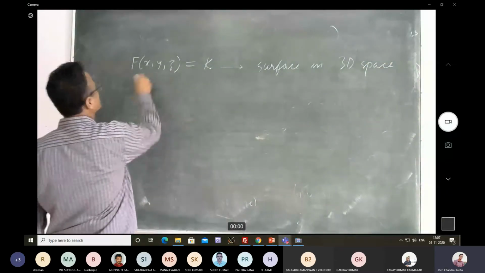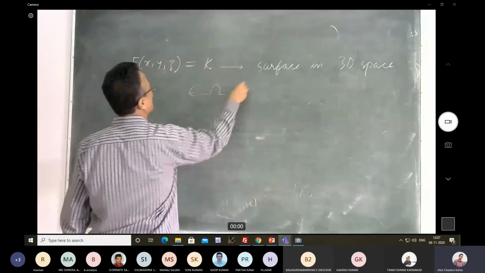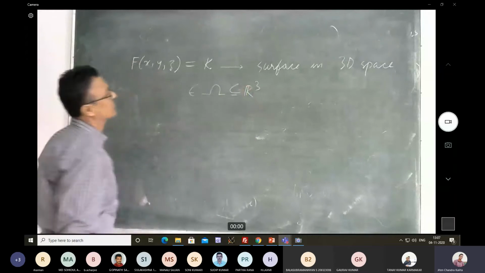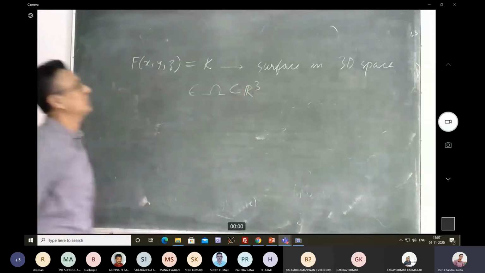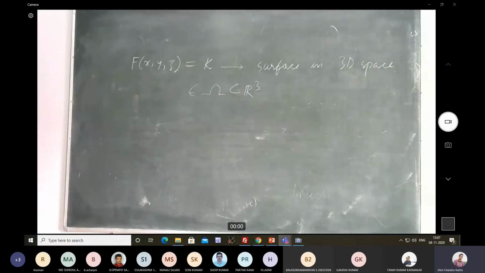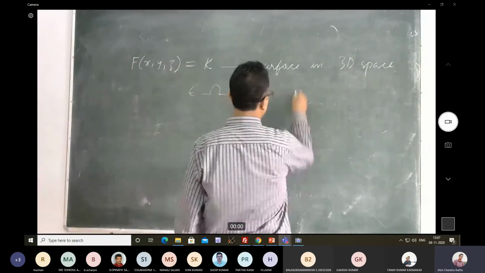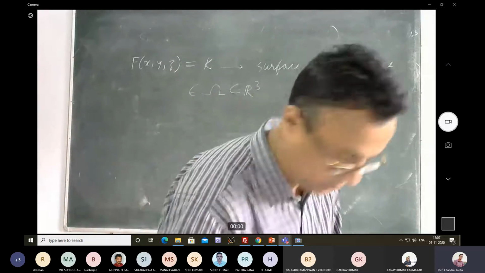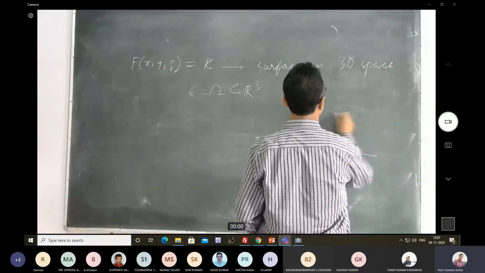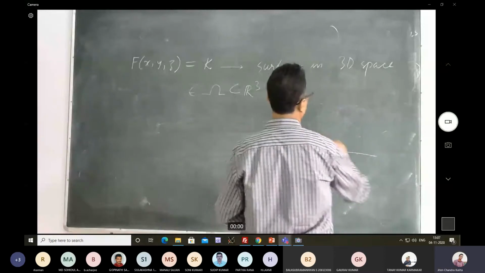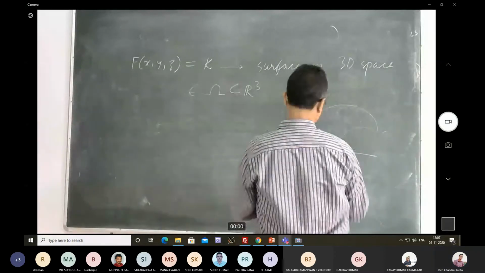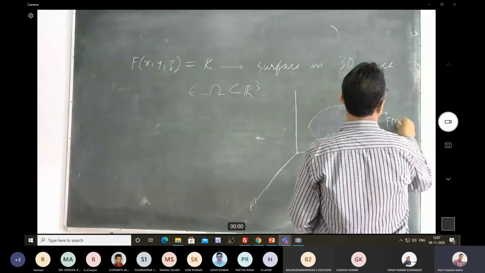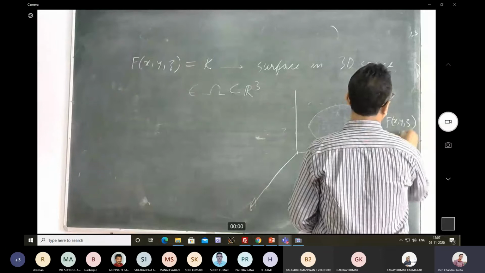And I may consider this surface belonging to some omega, which is a subset of R3, right? So then suppose this one is f of x, y, z equal to k, say.